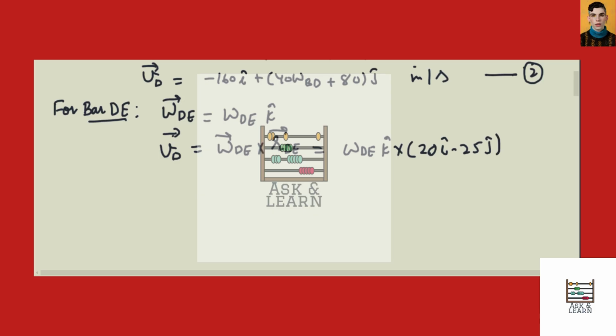On solving it, the velocity of D you will get 20 omega DE j cap plus 25 omega DE i cap.